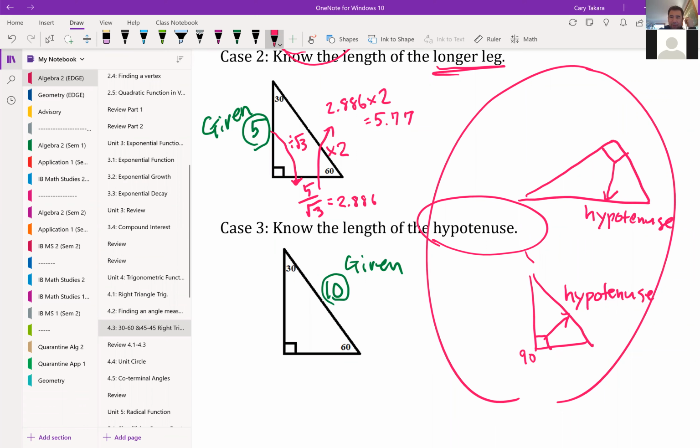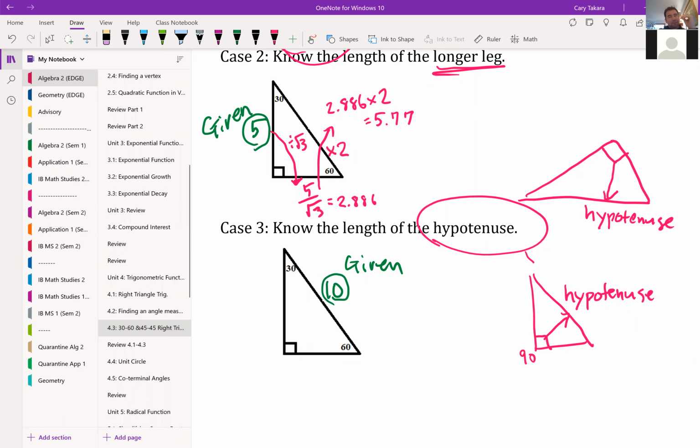I think this will help you, because you may be thinking the hypotenuse is the slanted side. Well, this is not the hypotenuse, is it? The hypotenuse is actually on the bottom right here because it is across from the 90 degree.